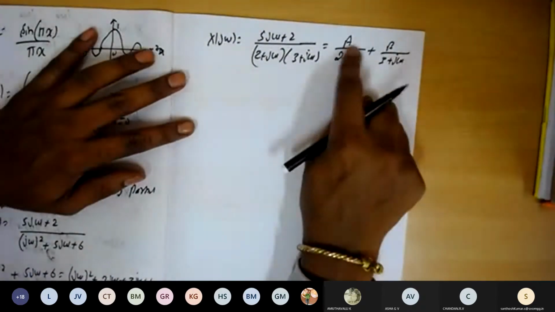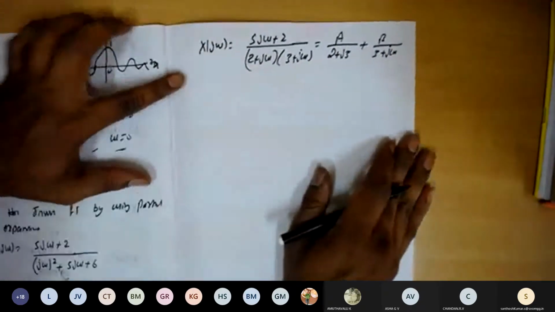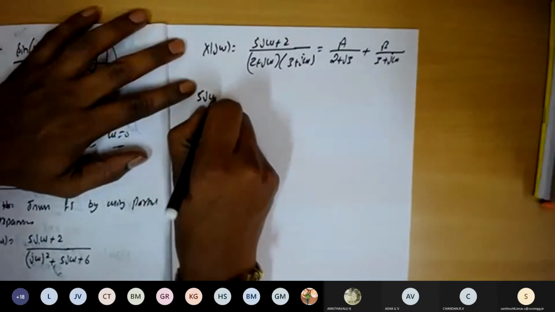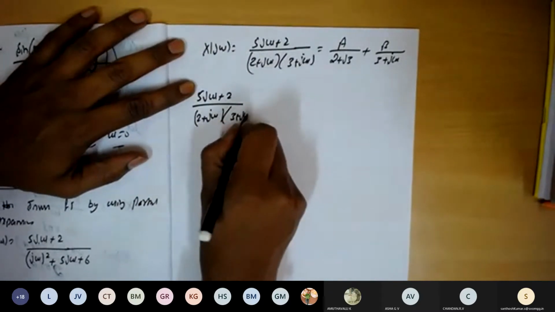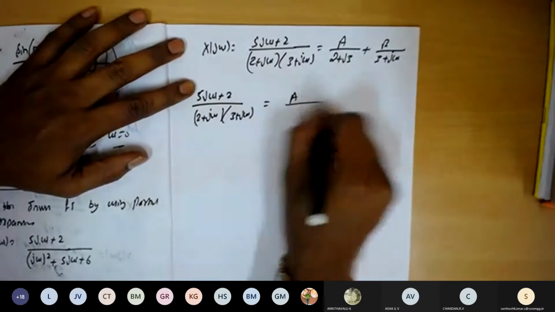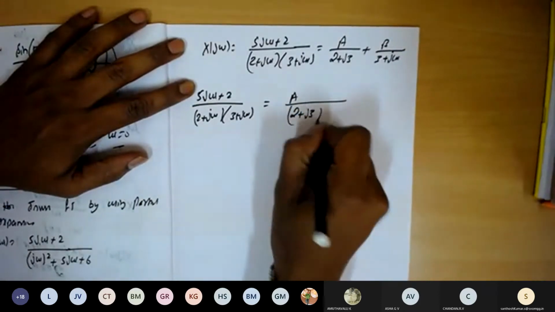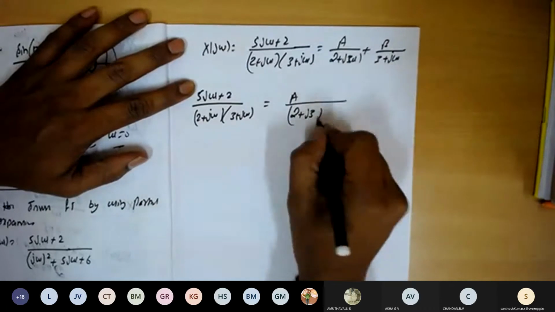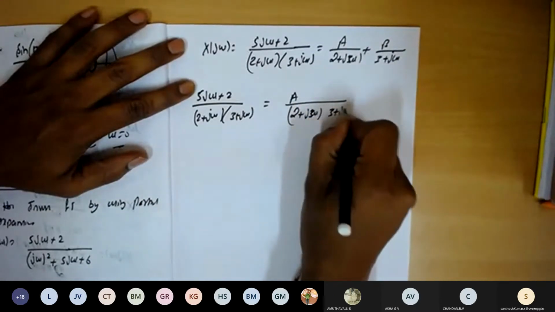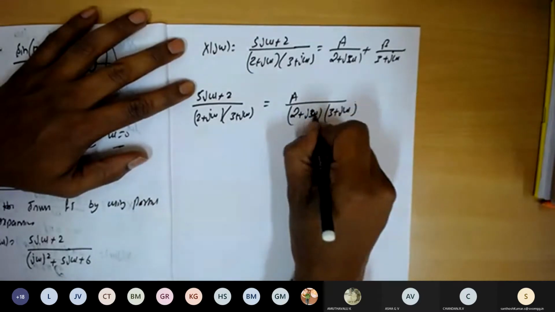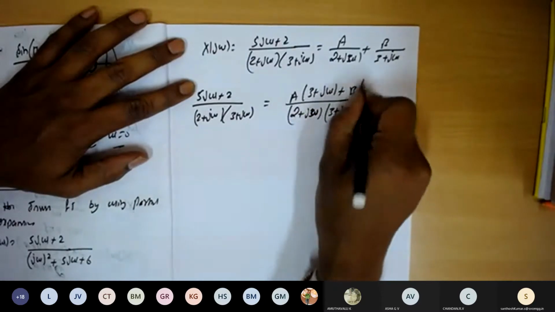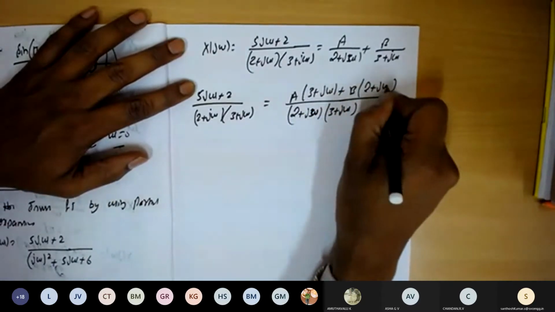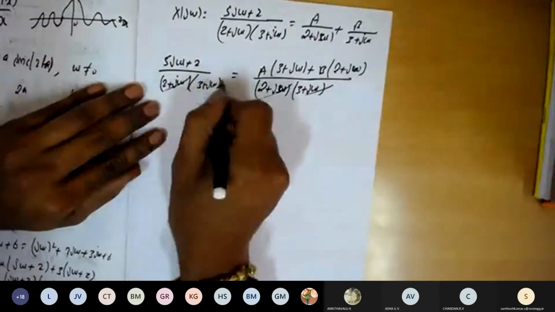Now let us take the LCM and find the values for a and b. So (5j omega plus 2) divided by (2 plus j omega)(3 plus j omega) can be expressed, taking the LCM, as a into (3 plus j omega) plus b into (2 plus j omega), over (2 plus j omega)(3 plus j omega). The denominator terms will get cancelled.